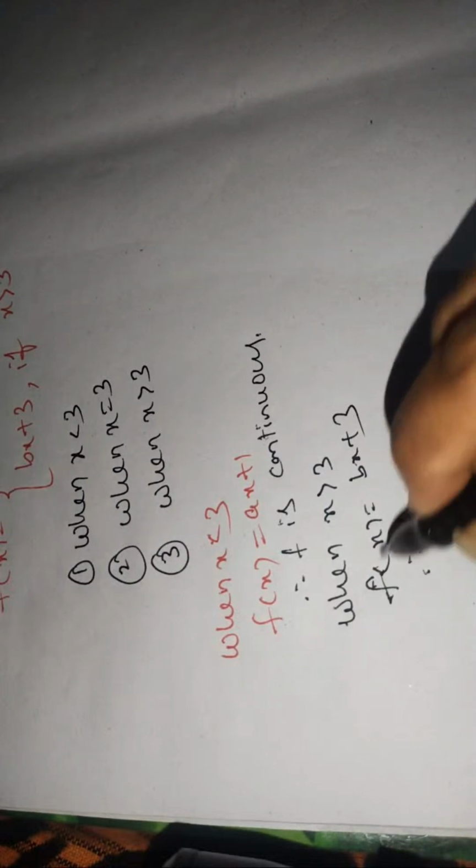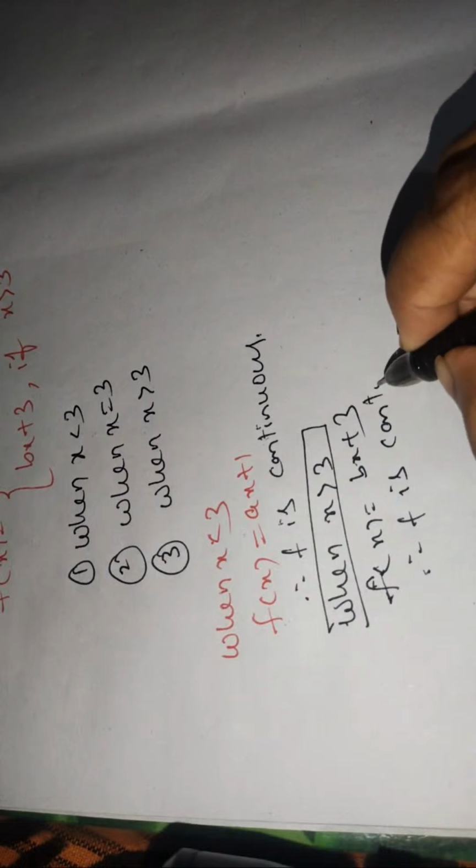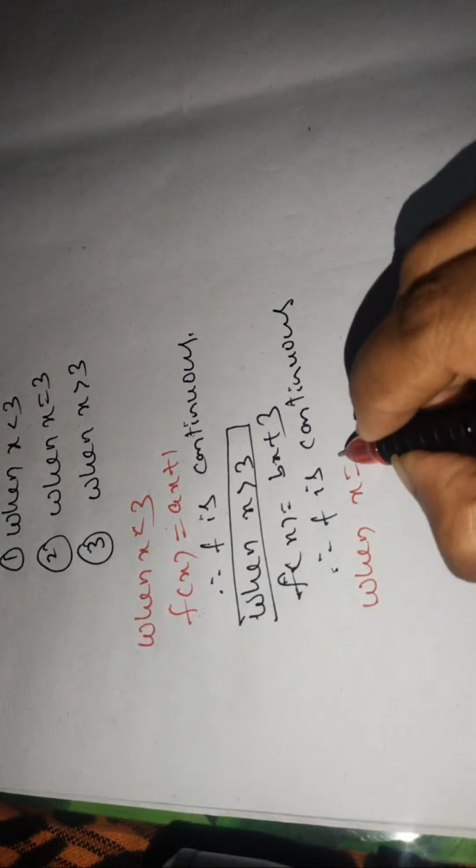Therefore, f is continuous. Next, case 3. What is case 3? When x is equal to 3. Now from this we will write the relationship between a and b.